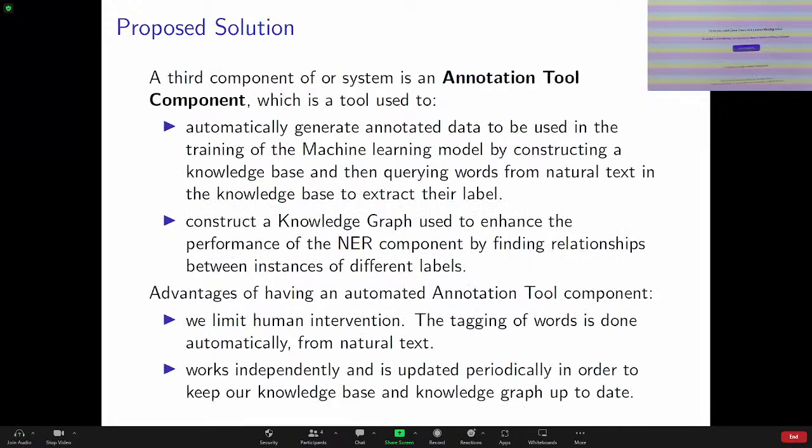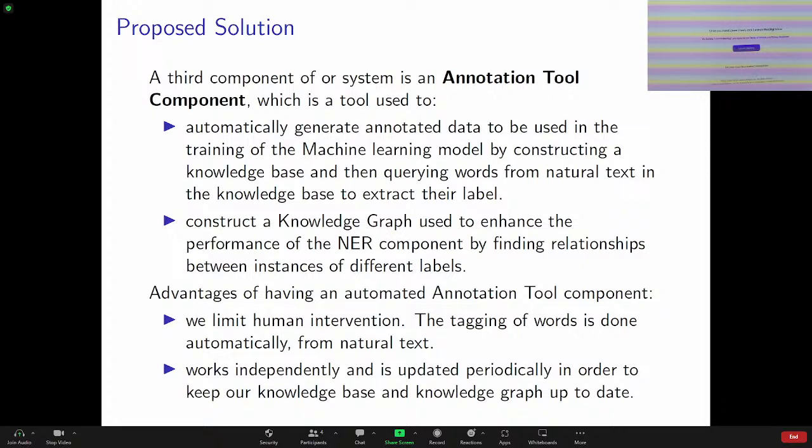Besides these two components, we also have an automated annotation tool component, because we use machine learning, so we need to have training data.